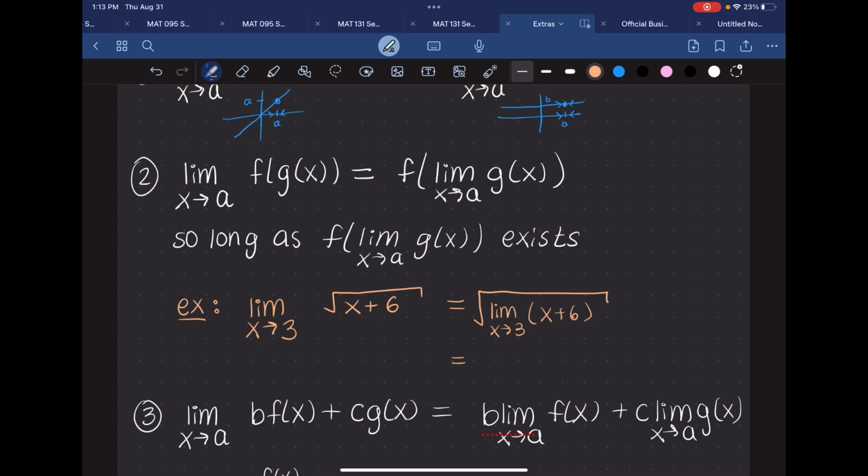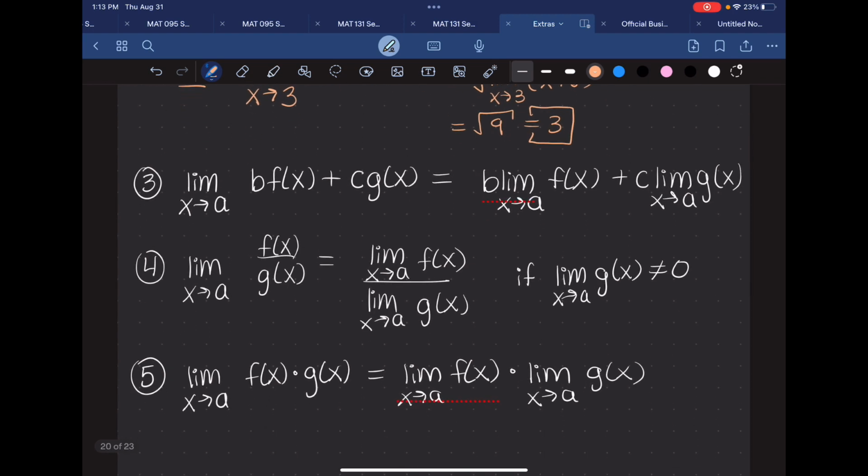If I plug in 3 to x plus 6, I get 3 plus 6 gives me 9, so I get the square root of 9, and that gives me 3. Similarly, if you had just plugged in 3 from the get-go, you would get the square root of 9, which gives you 3. But really you're passing the limit in when you do that mental math.